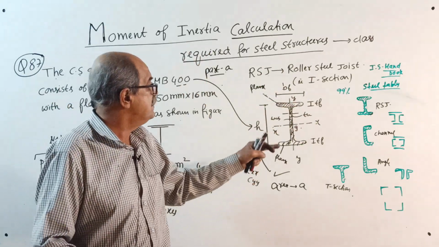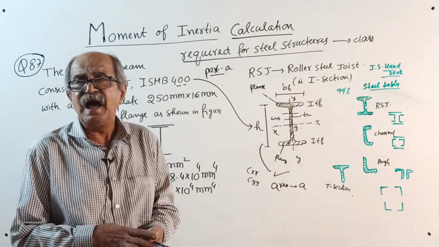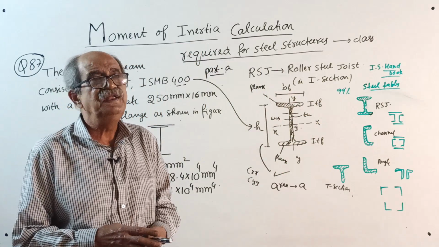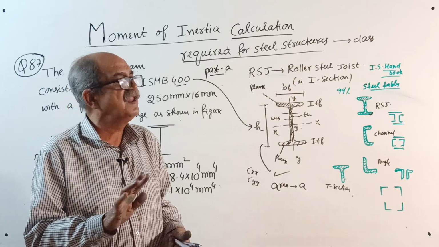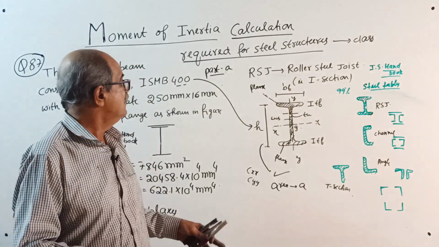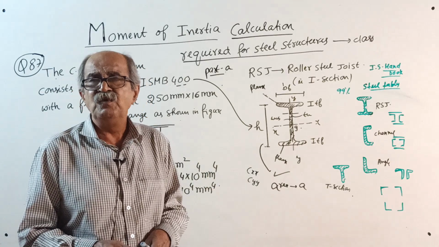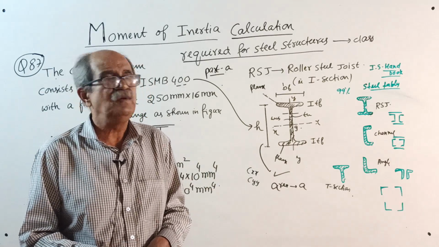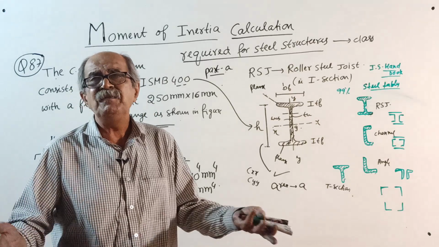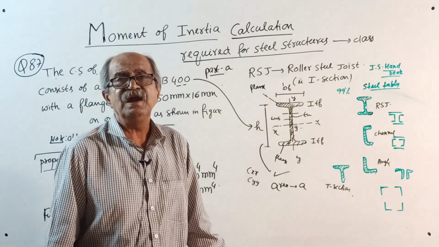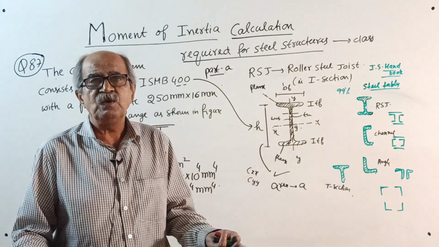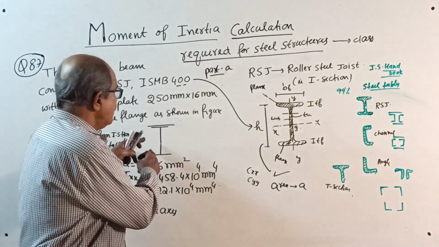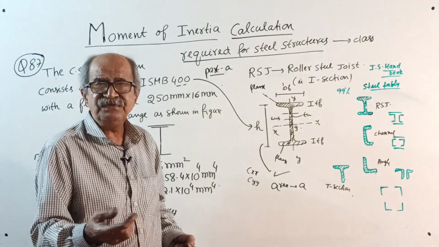And if it is a beam section and it is laterally unsupported, then you require IYY. So in the class I will always find both IXX and IYY. In practical design, if it is not required, don't calculate. In an examination, if they ask, calculate.